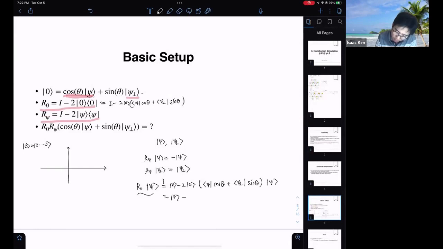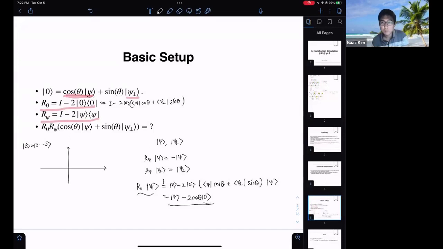And that's, of course, equal to that. And of course, 0 is a linear combination of psi and psi perpendicular. So we're still in the 2-dimensional subspace.